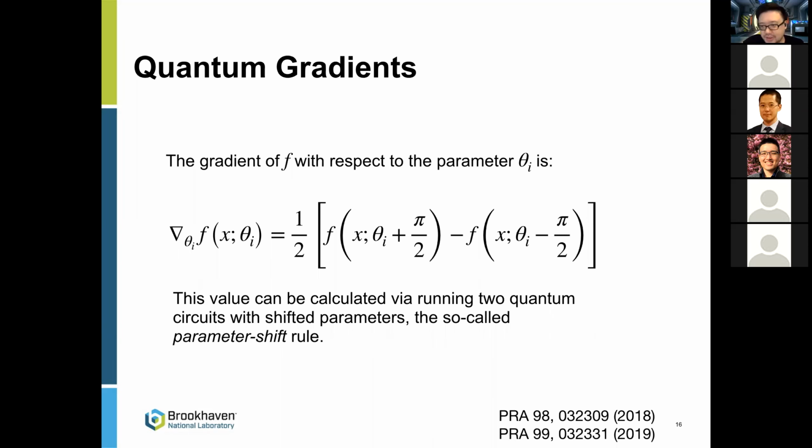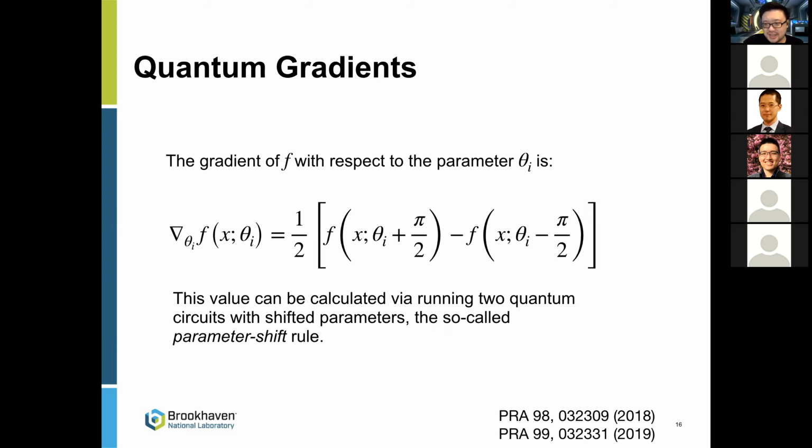So for example, if we want to calculate the gradient of f with respect to the parameter theta_i, then we can construct two circuits and we load the same input vector x, and we shift the parameters, namely theta_i plus pi over 2 and minus pi over 2.